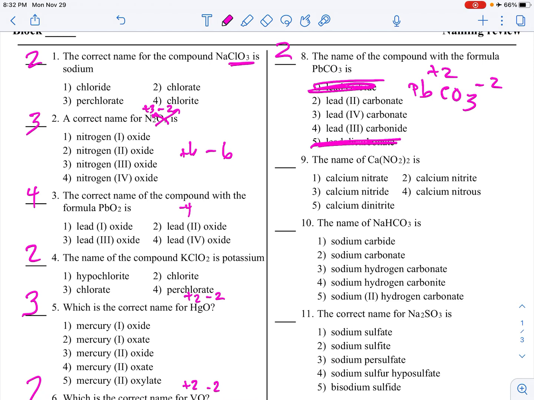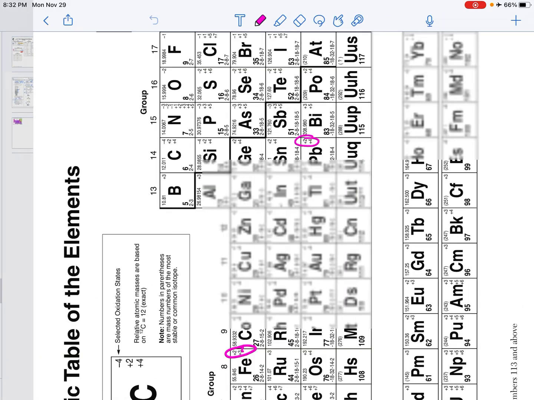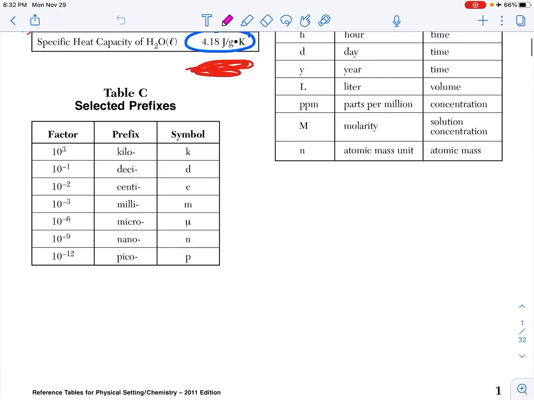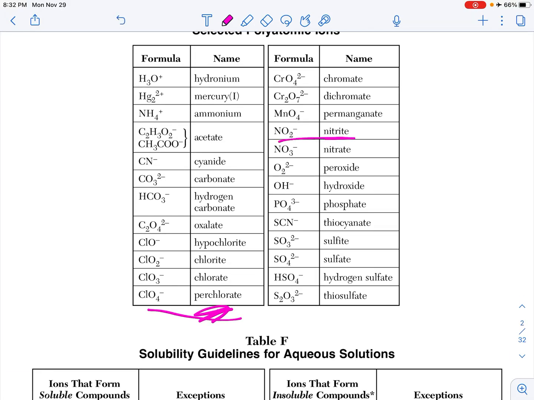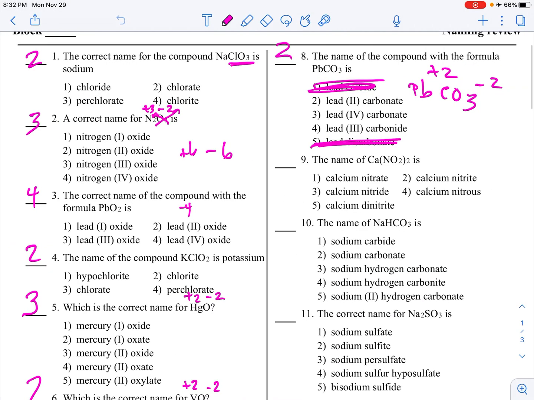Ca(NO2)2. So what is NO2? Let's go back to the reference table. NO2 is nitrite. So calcium nitrite.